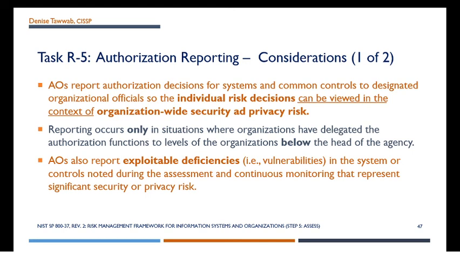The authorizing officials also report exploitable deficiencies, vulnerabilities in the system or controls noted during the assessment and the continuous monitoring that represents significant security or privacy risk. So I'm going to give you a report telling you the decision, and I'm going to tell you about any vulnerabilities that remain.